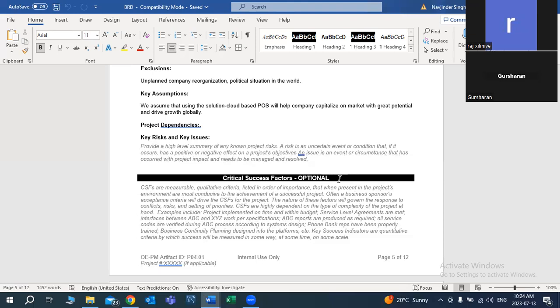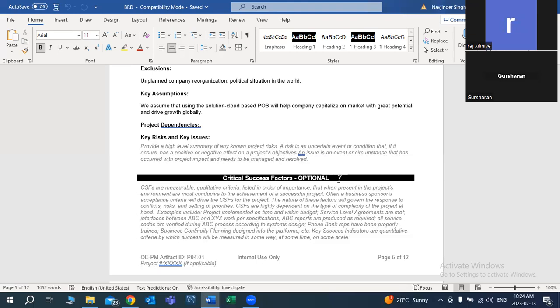Understood? Clear? So when you are developing a cloud-based point of sale system, you have to make sure the inventory management system is also proper. Clear to you, right?